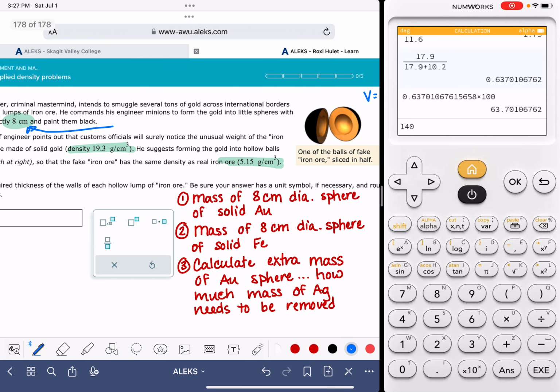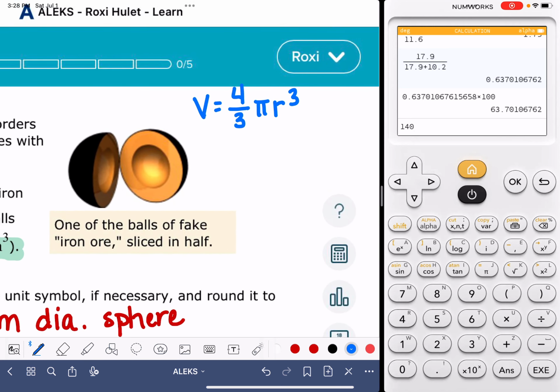Yeah, it's a diameter of 8 centimeters, so that means its radius is 4 centimeters. And I'm going to use that to calculate the volume of this 8 centimeter sphere if it was solid. 4/3 pi, the radius is 4 centimeters, and that's going to get cubed.